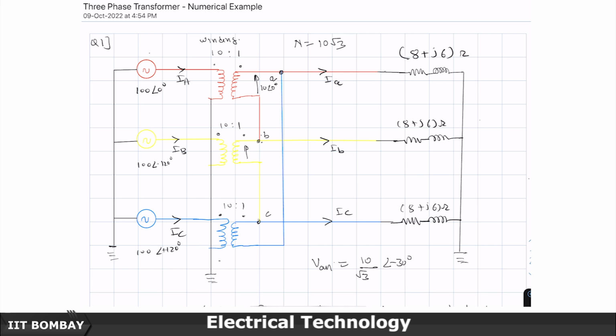Similarly, here I will get 10 volts at an angle of minus 120 degrees, and here I will get 10 volts at an angle of 120 degrees.